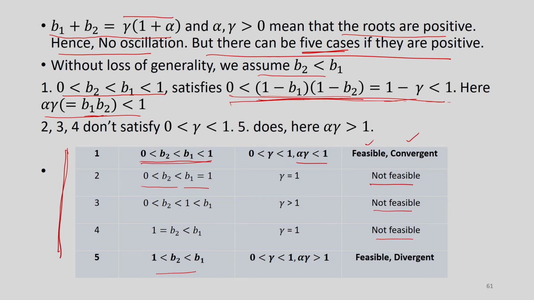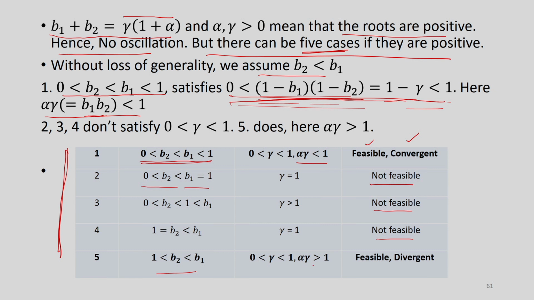Here let us suppose the roots are 1.5 and let us say 1.4. In this case 1 minus 1.5 is something negative, and here also there is something negative, but the product of these two might turn out to be satisfying this condition, they lie between 0 and 1. So, that is feasible.